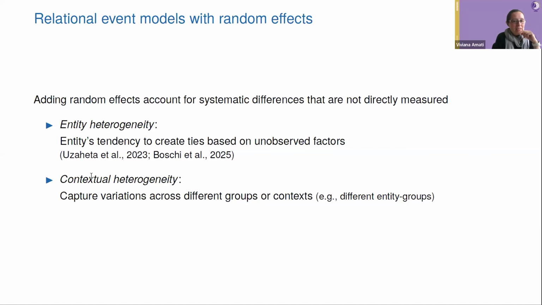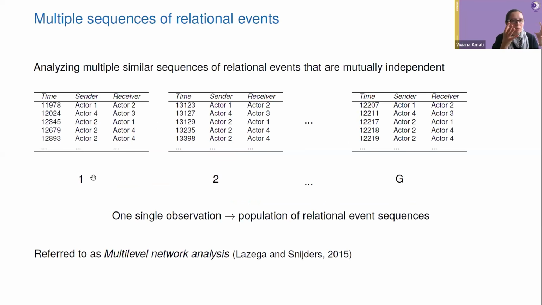The other type of heterogeneity that I'm going to treat today is contextual heterogeneity, which emerges when we observe different sequences of relational events on groups, for instance. So we pose ourselves in the context where we have a certain type of relational events, for instance, phone calls or email exchanges, that are actually observed on very distinct groups of actors, so that we can consider these sequences of relational events as mutually independent.